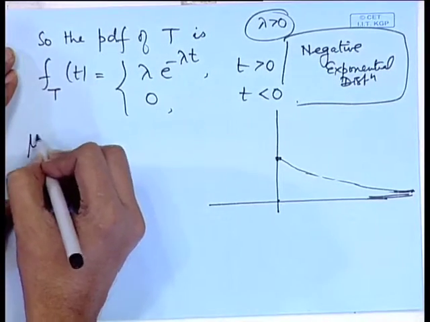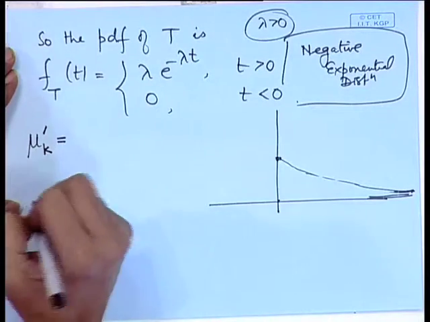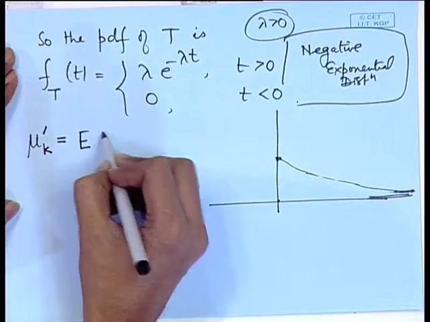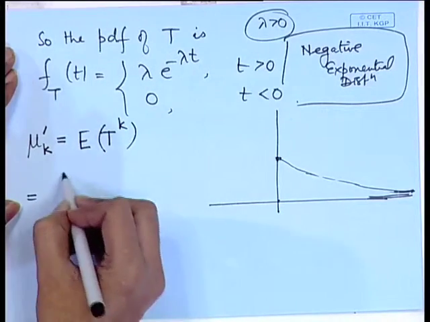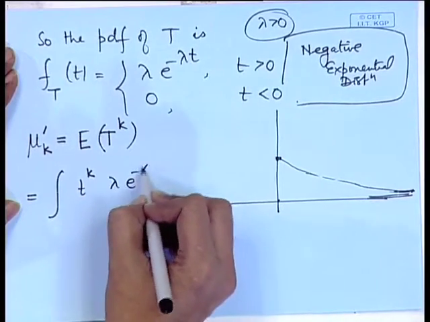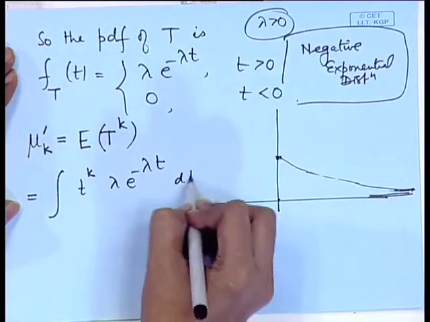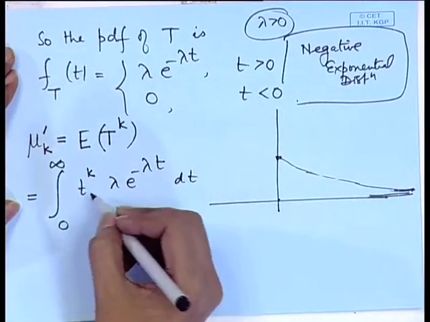So, if we consider a general moment of the kth order, it is expectation of t to the power k, that is equal to the integral of t to the power k lambda e to the power minus lambda t dt from 0 to infinity. Now, this is nothing but a gamma function.